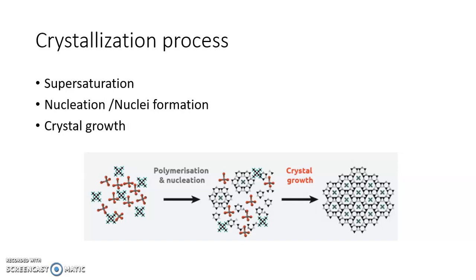When the process of solution is endothermic, then when temperature is increased, the solubility is going to increase. In such cases, you can achieve supersaturation by dissolving a high amount in the solvent and increasing the temperature. Because of the increase in temperature, you will get more solute dissolved in the solution.